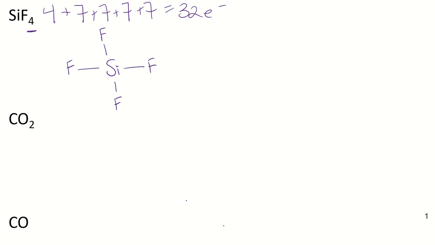And that bond, if you took the other notes, you would see that the bond, that's represented by a line, represents a shared pair of electrons. That is what a covalent bond is. So each line represents 2 electrons that I used. This number 32 comes from the number of valence electrons, like we said. We added them up, and we have to use all of them. And we can use no more, no less. We have to use exactly 32 electrons in this case.